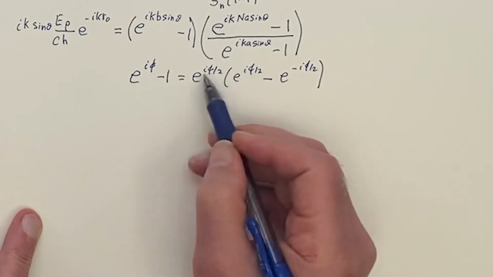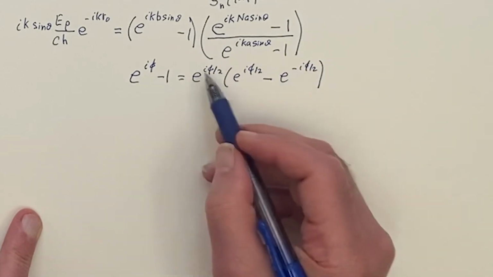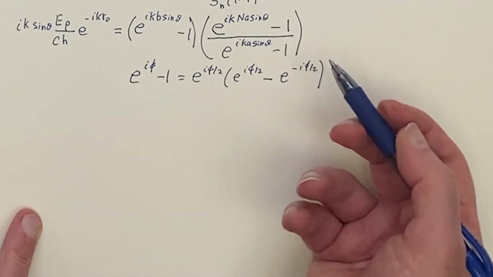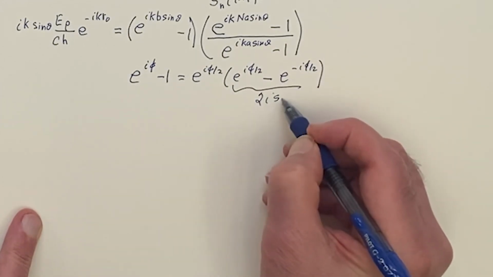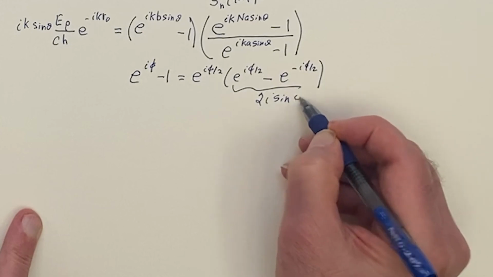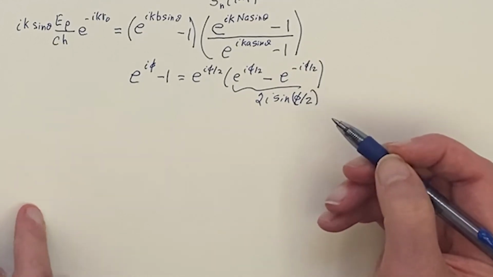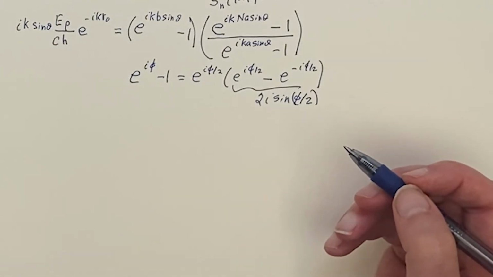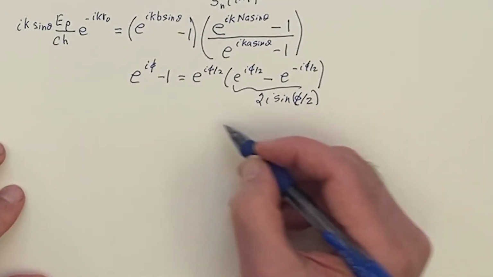Multiply this, exponents add, you get this. Multiply this with that one, the exponent is going to be 0, so it gets you to 1. And this is 2i sine of phi over 2, using Euler. So now we can apply this 3 times in these 3 places.